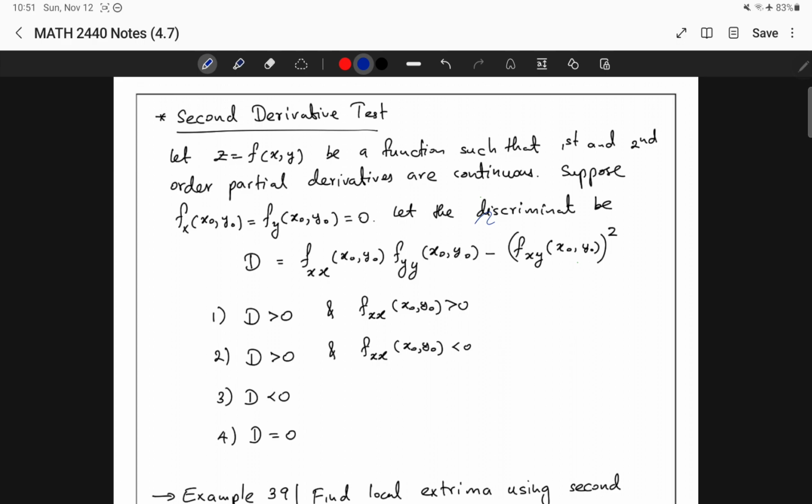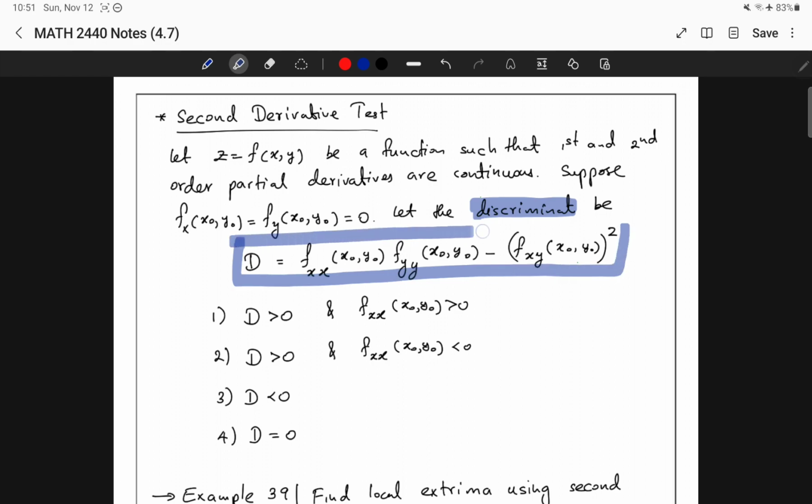Now we define the discriminant to be what we have here. The discriminant is, first you find the second order partial derivatives, f sub xx times f sub yy minus the square of f sub xy.